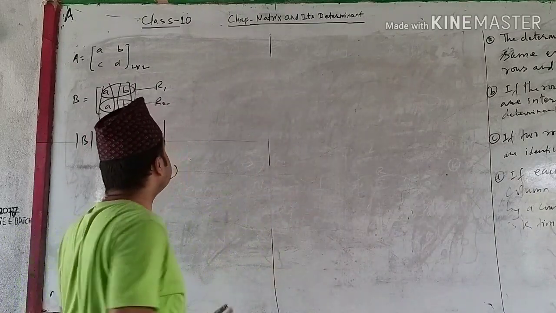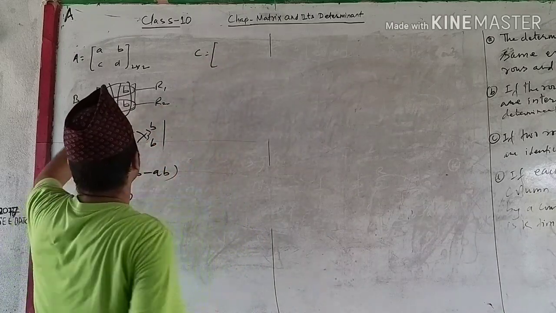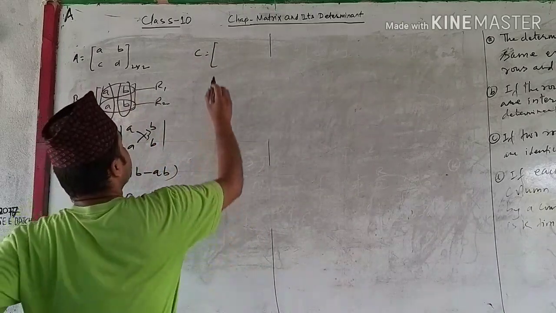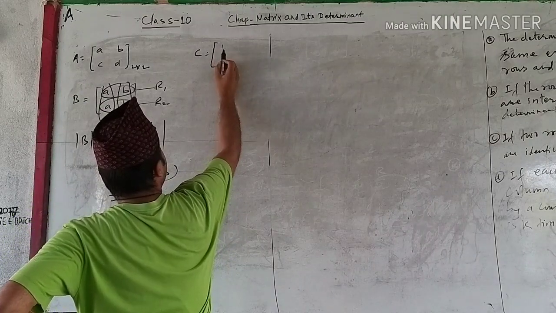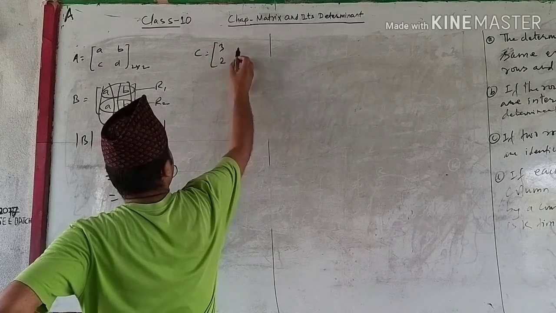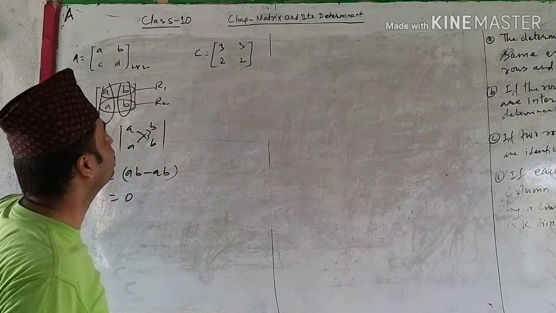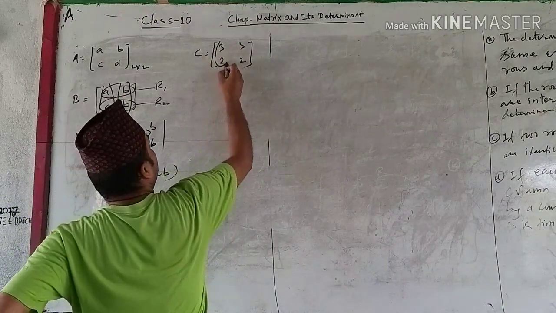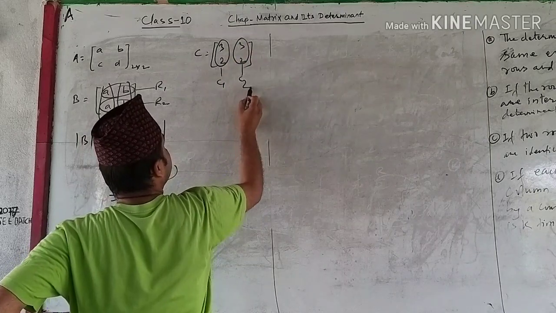So let's take another example. Matrix C. Here I am taking an example. First, here the rows were the same. Let's make the columns the same. The first column I am writing here as 1, 2. Okay, 3, 2. The first column here is also 3, 2. Now, this is the first column and this is the second column.